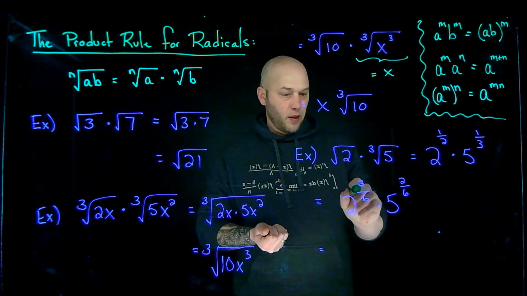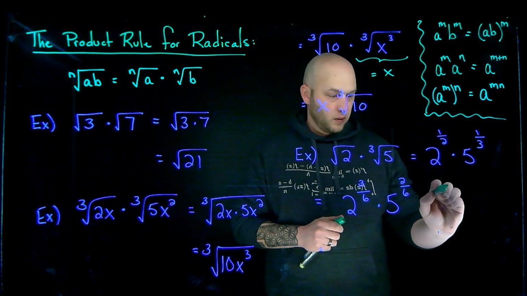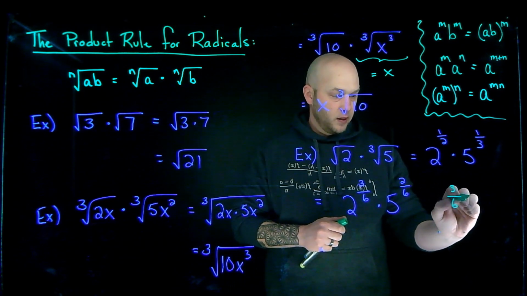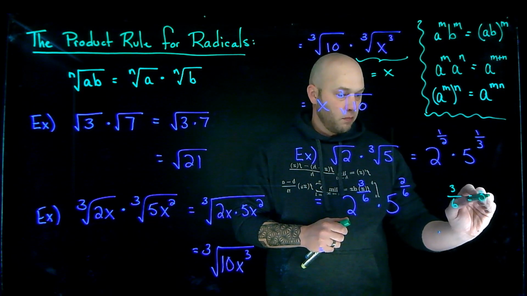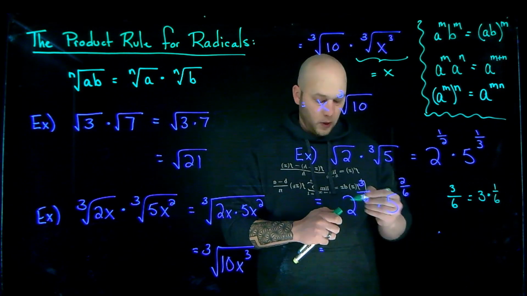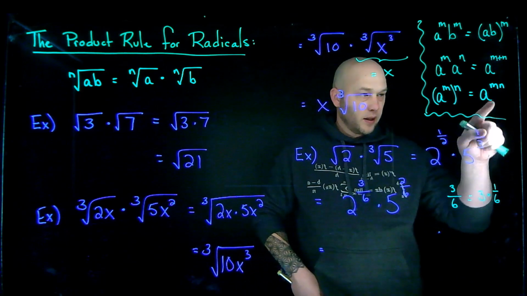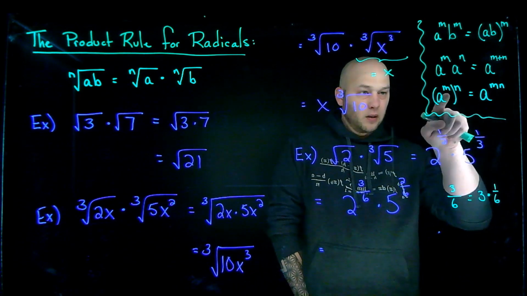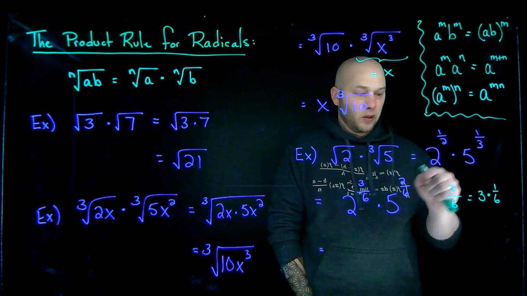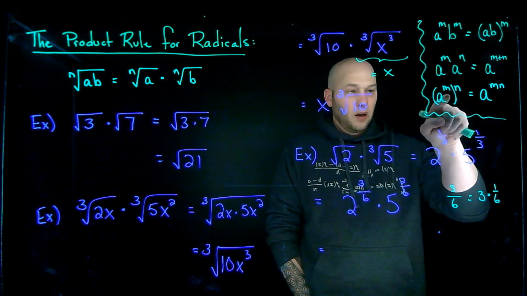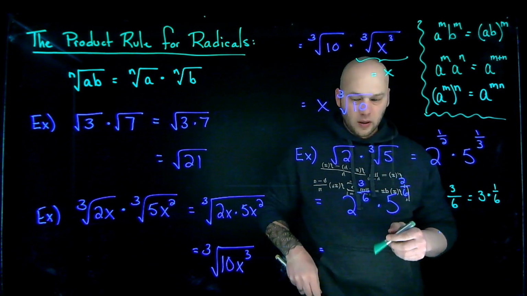Now, remember that 3/6, for example, is the same thing as 3 multiplied by 1/6. So what I have is an exponent that's a product. I'm going to break it into two different exponents. So I'm going to take it to the 3rd power, and then that to the 1/6 power.